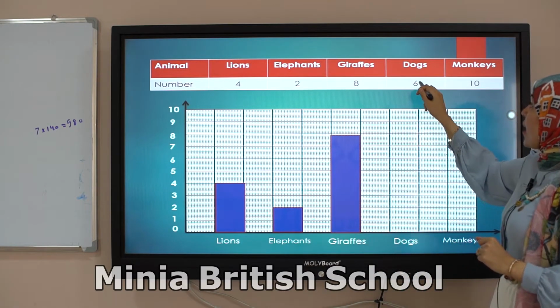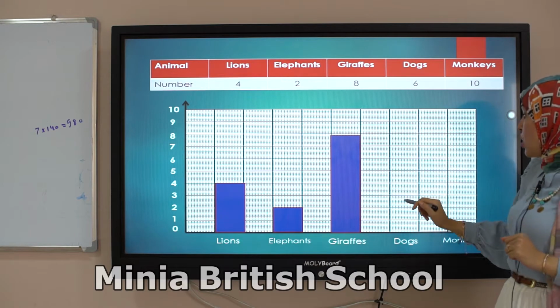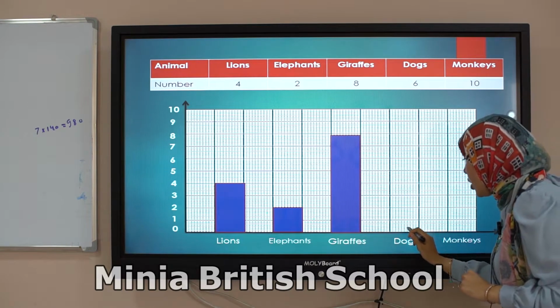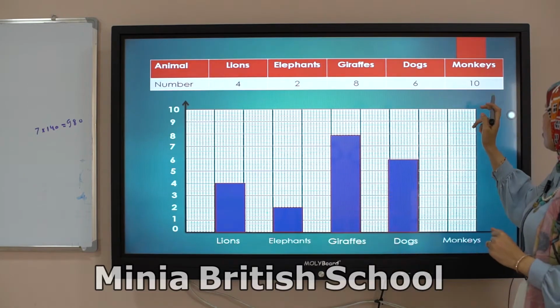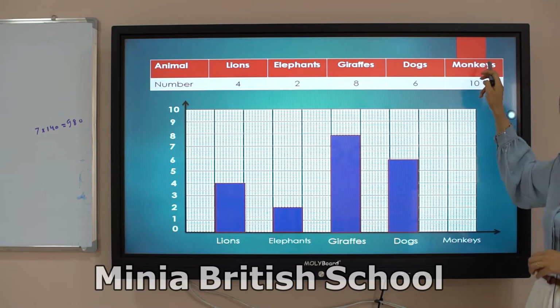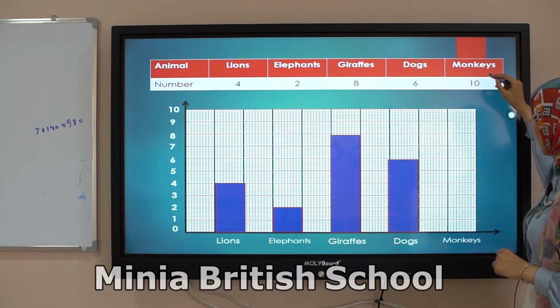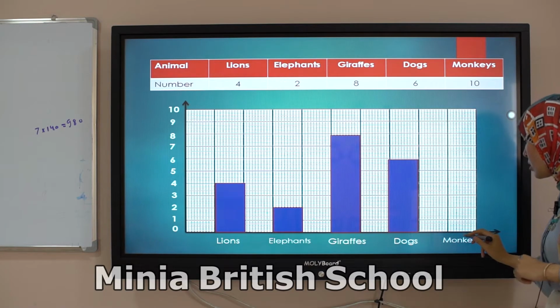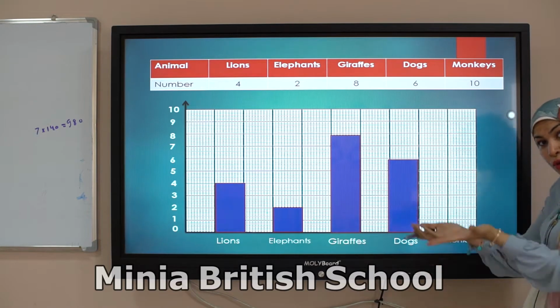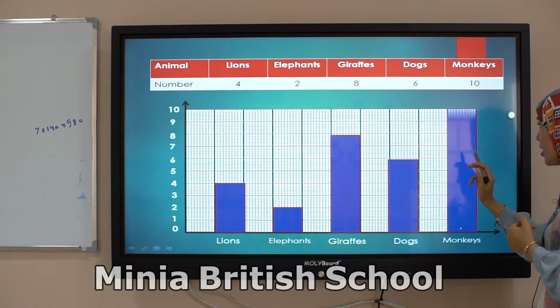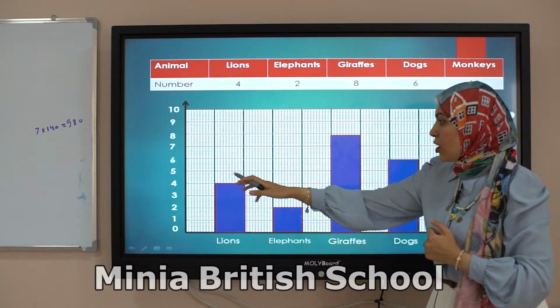And in dogs, I have here 6 dogs. So I look at dogs and color to reach number 6. And the last animal is monkeys. Okay, I have here 10 monkeys. So I look at monkeys and color from down to up until I reach number 10.